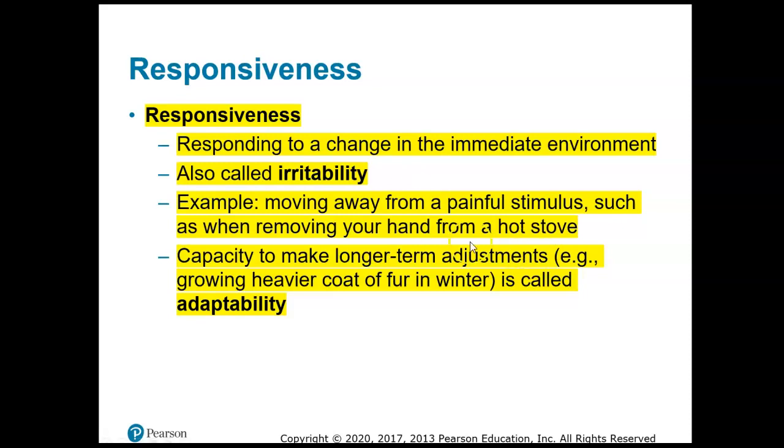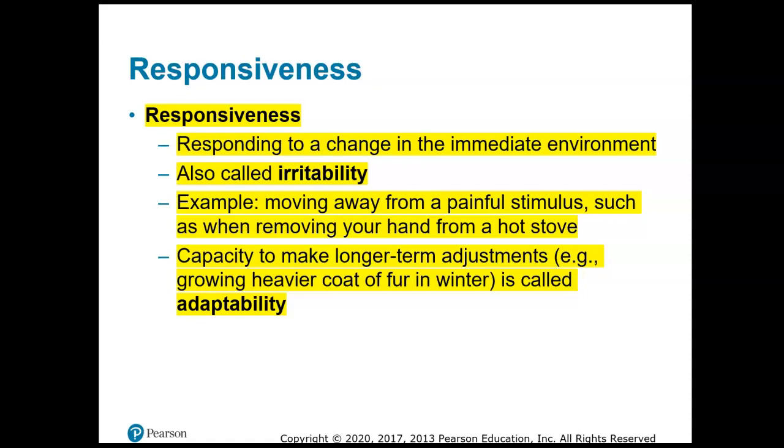So an example of that would be you touch a hot stove and you move your hand away because it hurts. You may even move your hand away before it hurts a lot because you know it's going to hurt, subconsciously. But that is an example of responsiveness. Another example, I want to give you one that you're not really aware of.